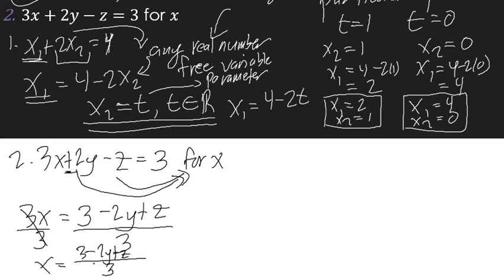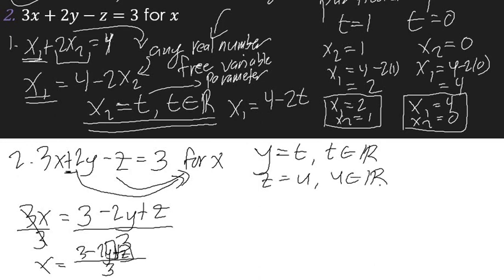And as you can see, we have two free variables, y and z. Therefore, we can assign y to be t, an element of the set of real numbers, and z to be equal to u, where u can also be another real number. It can be the same as t, it can be different from t.